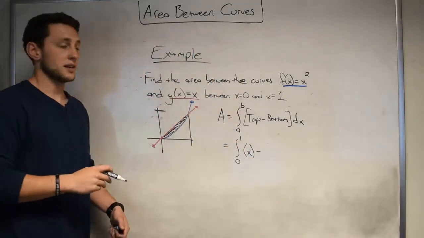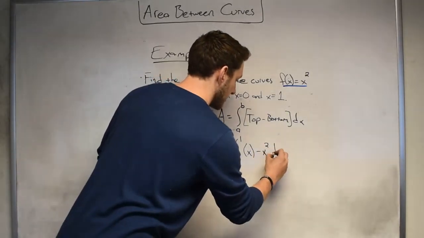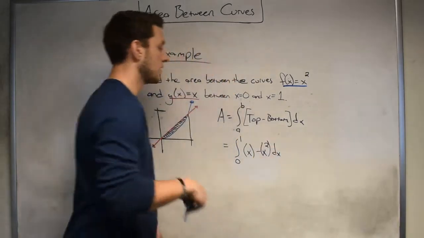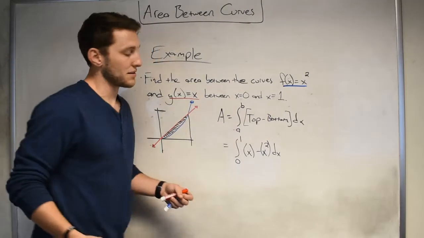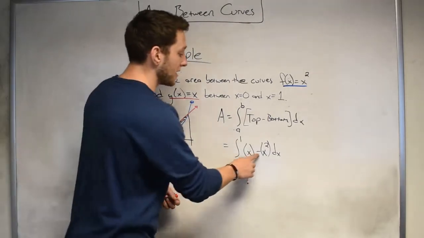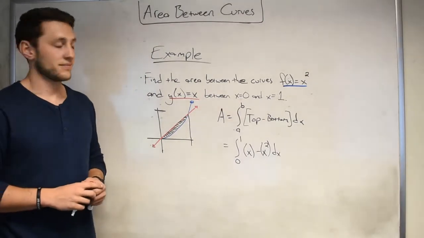And our bottom function in blue is f of x, so x minus x squared, all with respect to x. Now I'm being a little crazy with these parentheses, but that's because this negative might distribute if your bottom function's a little bit more complicated.